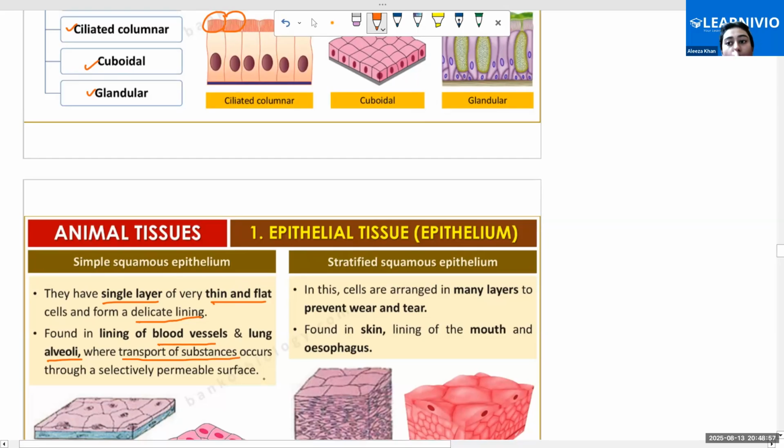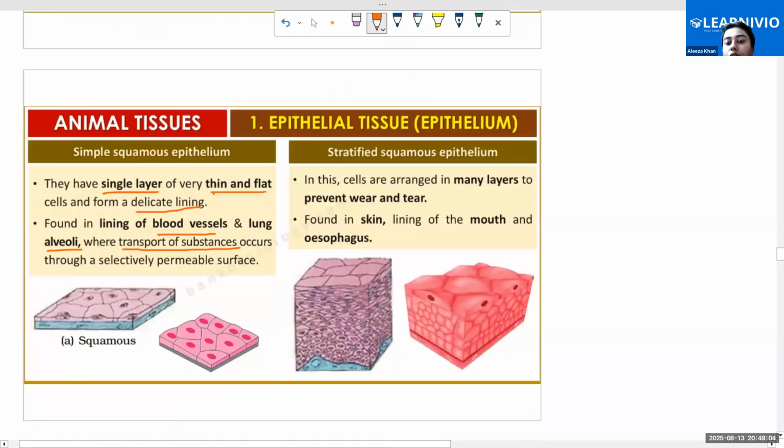Not all things can pass, but the selective ones, which are essential. Now coming on to the stratified. From the figure itself, you can easily understand that the squamous ones have single layers, the simple one, whereas these are arranged in multiple layers.